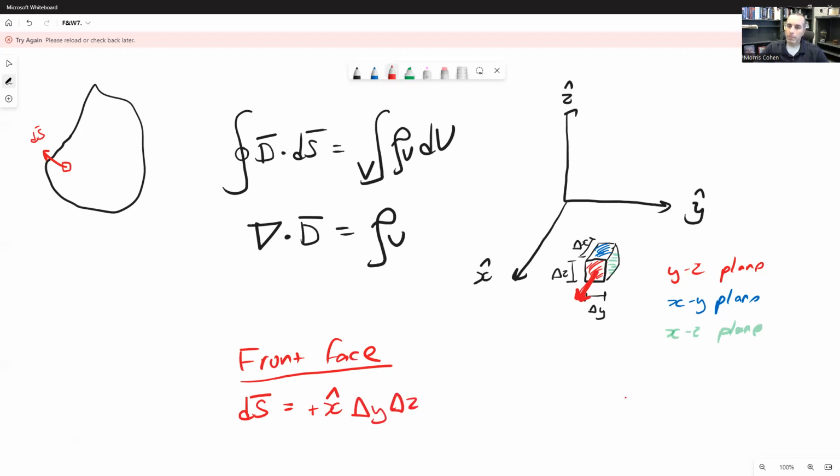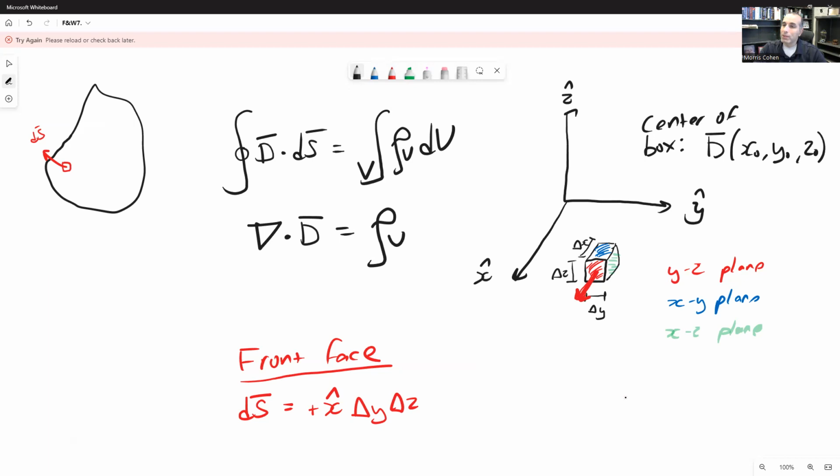What we're going to do is take the center of the box, and we're going to say that it has a value of D at x0, y0, and z0.